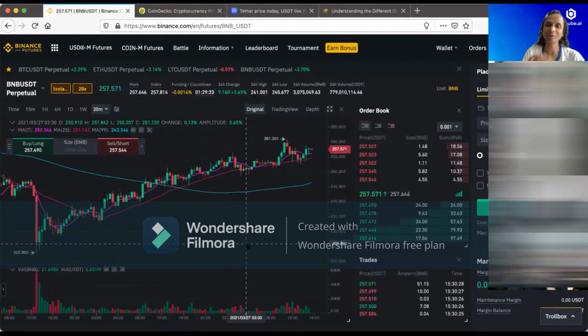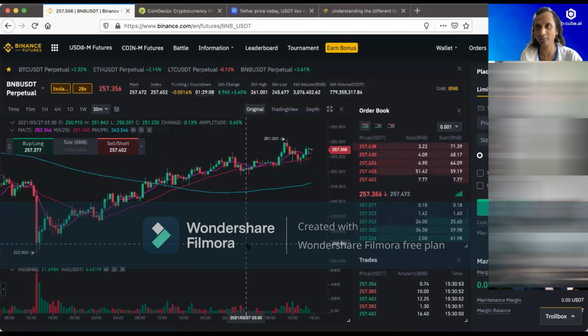So it's advisable not to keep too much money in your margin wallet also. Keep only that much money that you are really ready to lose in futures trading. But if you keep a huge amount of money in your wallet while trading in futures, that's not wise. It's going to be very, very dangerous, especially when you are using cross leverage.